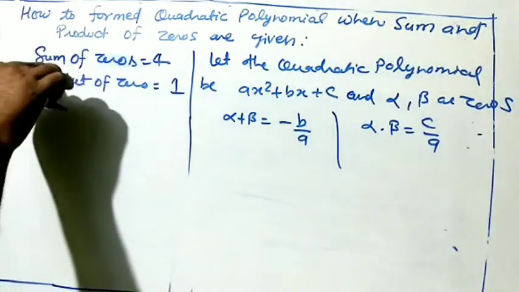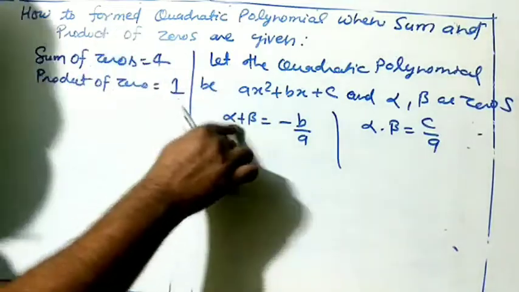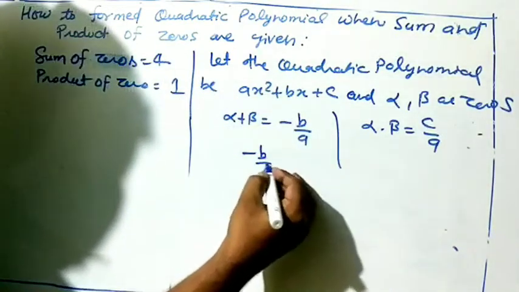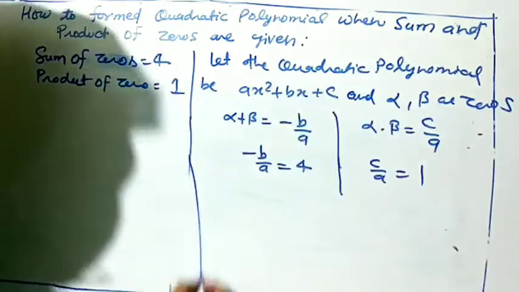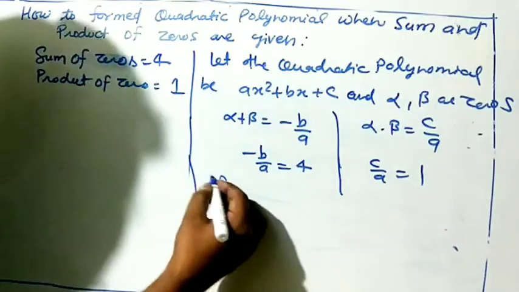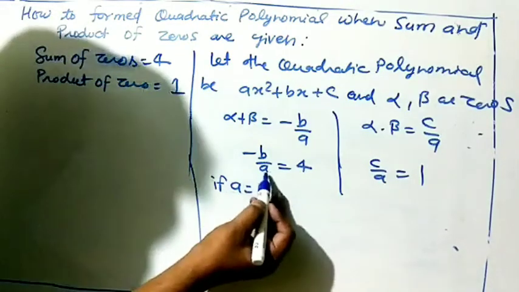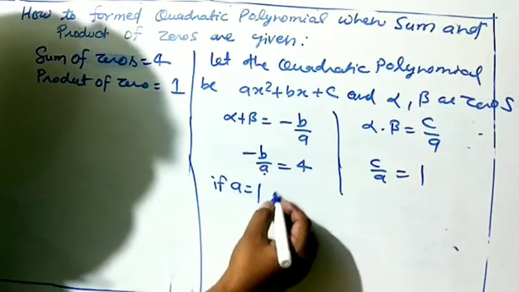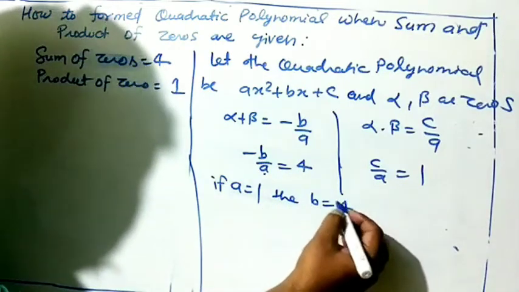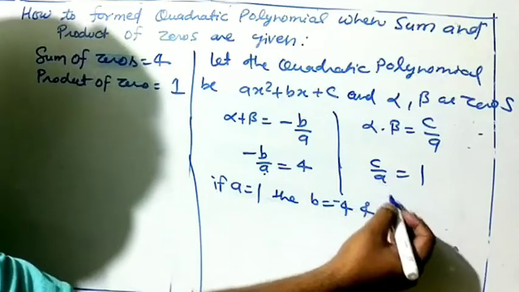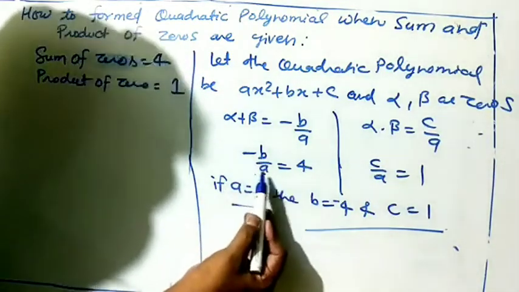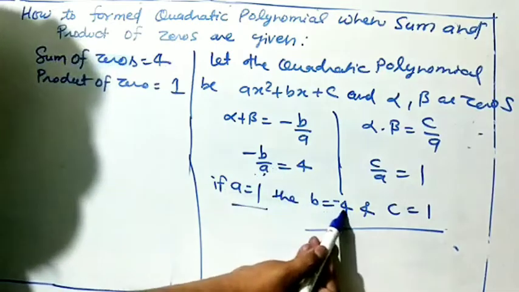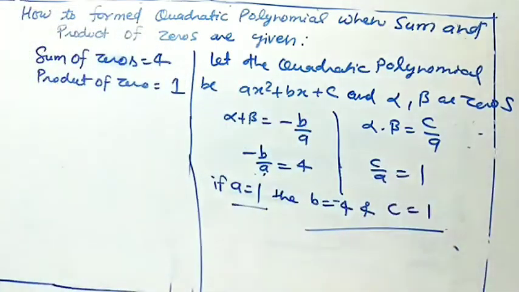So in the given question, what is given? Sum of zeros is 4. So minus b upon a equal to 4 and c upon a equal to 1. So in this method, suppose a equal to 1, then after putting the value of a, we get b equal to minus 4 and c equal to 1.